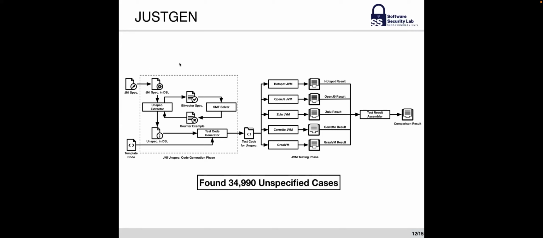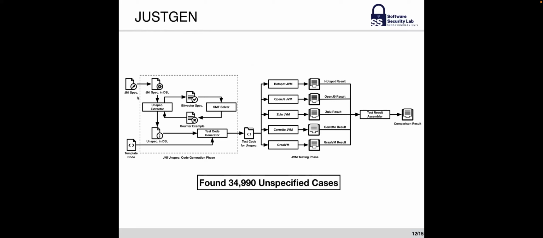So to automatically validate -Xcheck:jni, we developed JustGen. This is how JustGen looks. The input for JustGen is a JNI specification expressed in our domain-specific language.